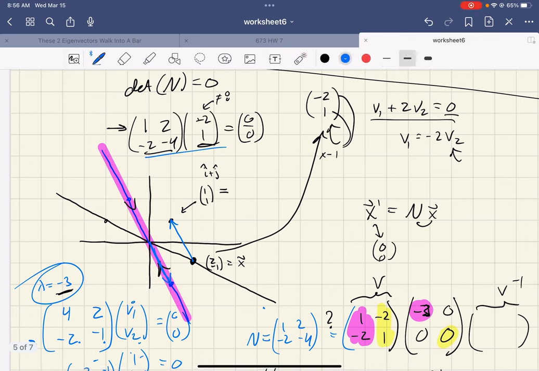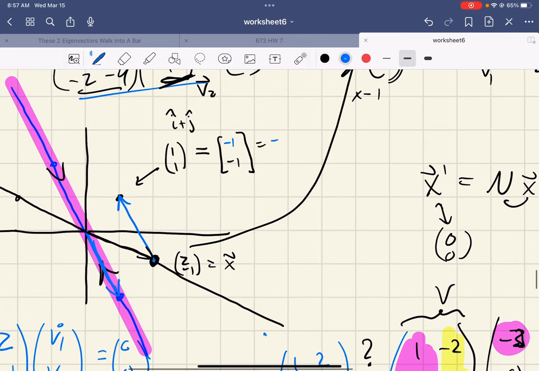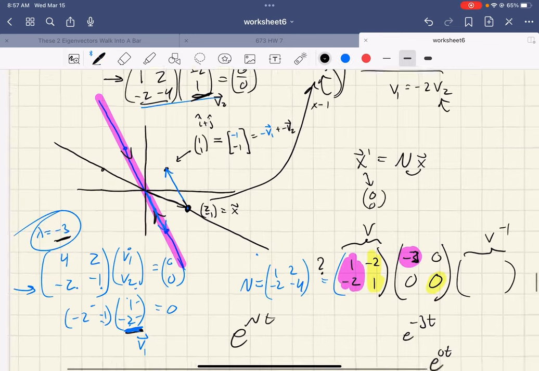That's negative v2, so if I call this thing the second eigenvector v2, then going this direction is a negative v2. So in terms of v1 and v2, I'm taking minus 1 copy of v1 and minus 1 copy of v2. So that's what those are saying. They're saying take a negative v1 and a negative v2.